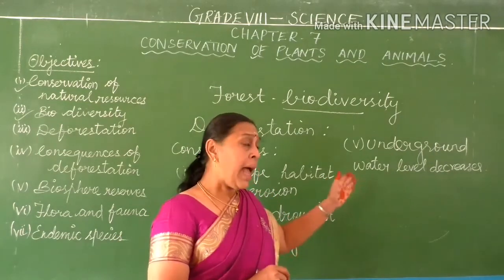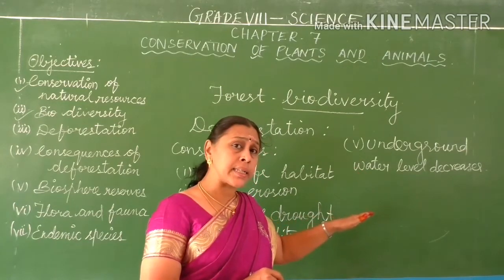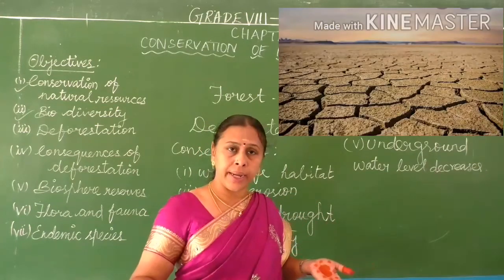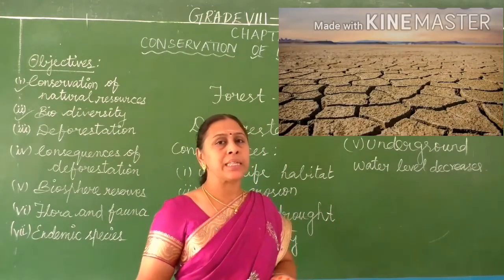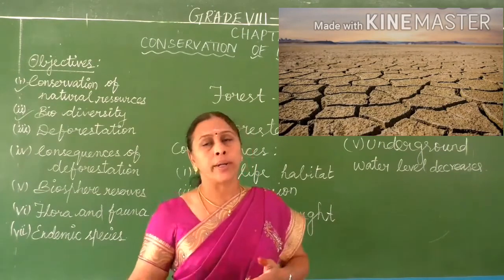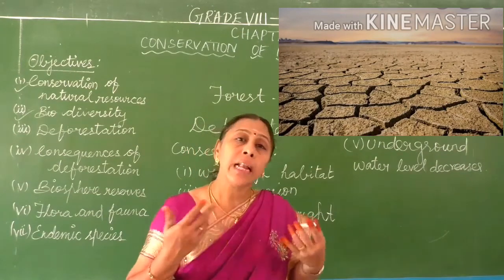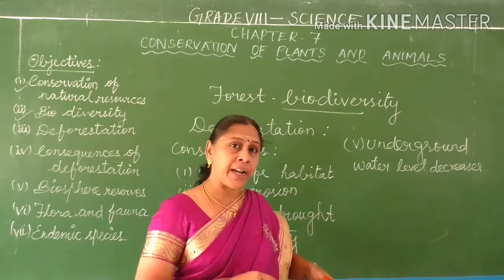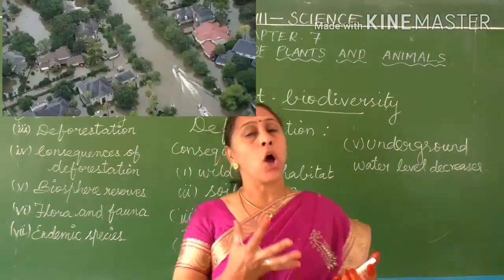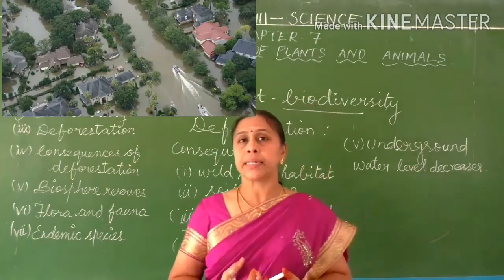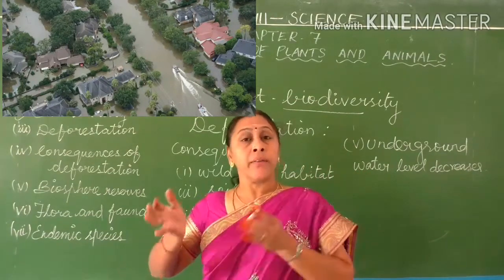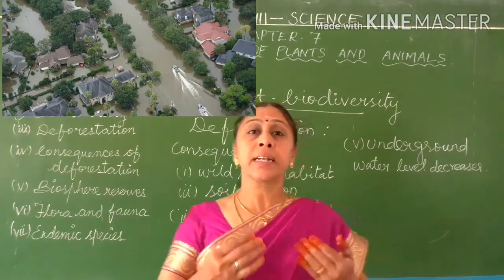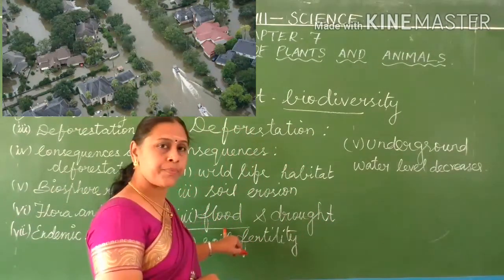Next, as underground water level decreases, the availability of water in that area will decrease and no vegetation will be seen, and it will lead to drought. Drought means what? Unavailability of water. This is one thing. Then flood. If the forests do not have that water holding capacity, all the heavy rainwater will enter into the living habitat of human beings and that is called flood.